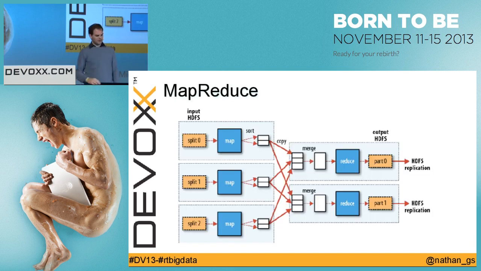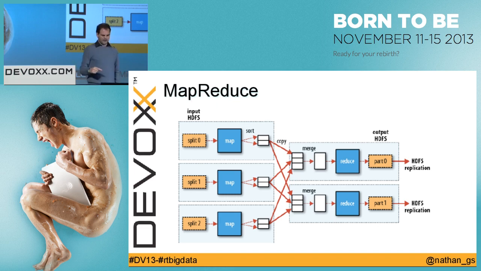A bit of another view on top of it: we have our inputs on our file system in HDFS. Then we have map jobs, and each map job will read a different part of your input data. The output of your map job, let's say you have a word count, every map job will output the word with its count.